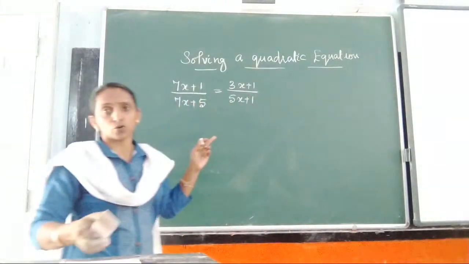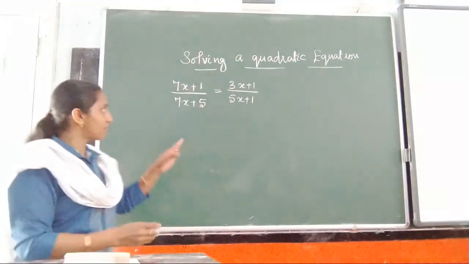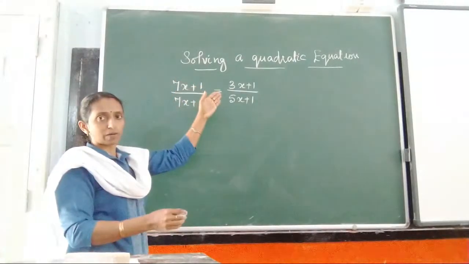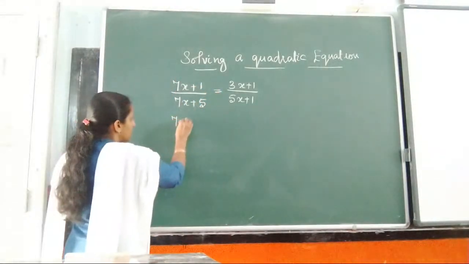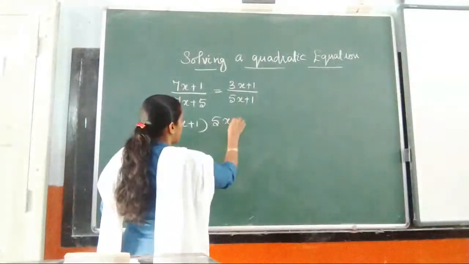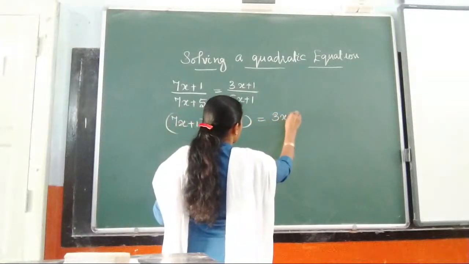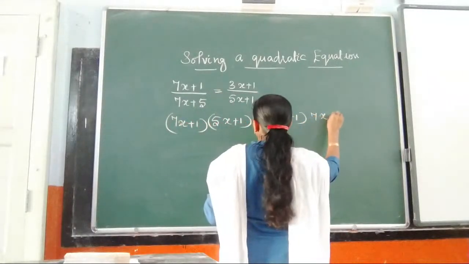That's what I told you: clear all the fractions. For clearing the fractions here, you have to cross multiply. So we are going to cross multiply it. 7x plus 1 into 5x plus 1 is equal to 3x plus 1 into 7x plus 5.